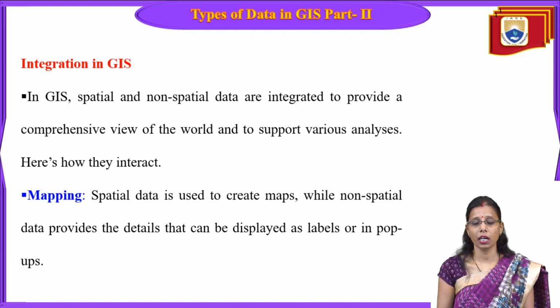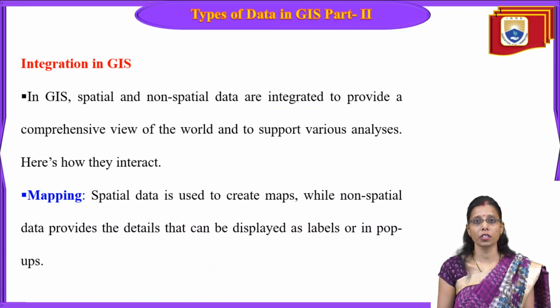Like that, if in this college you have 4 to 5 buildings, those buildings are spatial. If you assign information like block 1, block 2, block 3, block 4, block 5, that becomes non-spatial.